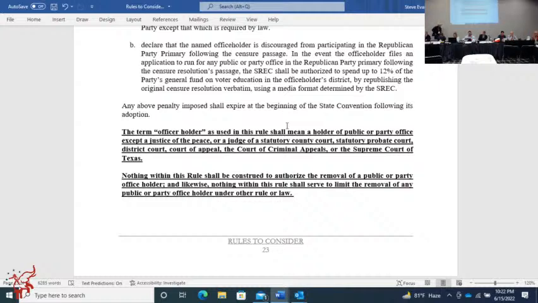Secondly, and this is sort of what I'm going to refer to as kind of the Bandera rule. I don't know if all the members received a copy, but in Bandera County, a county chair did make the errant decision to endorse in a county judge's race using her official capacity. No one doubts that that was inappropriate, and I told her so.